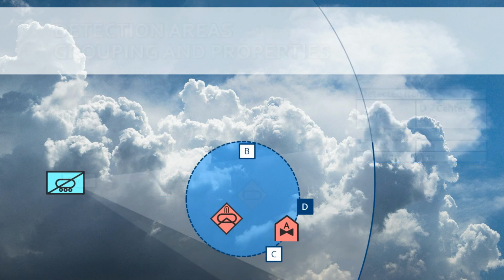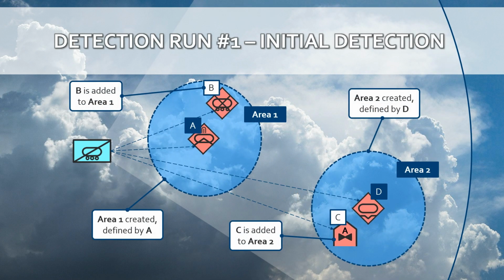Let me go quickly through what zones really means, because detection is done run by run, every 30 seconds or every minute. There could be an evolution in how detections are being detected and reported.